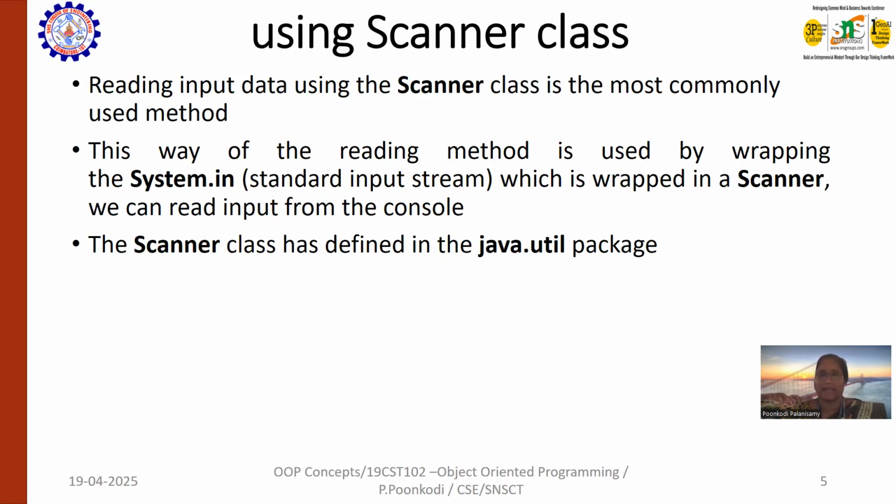The next one is the Scanner class. Already we have done an experiment for addition of two numbers. For that, we got the input from the user through this Scanner class, performed the addition operation, and also verified the output, right? The same thing here also. The Scanner is a class, and it is available under the util package.